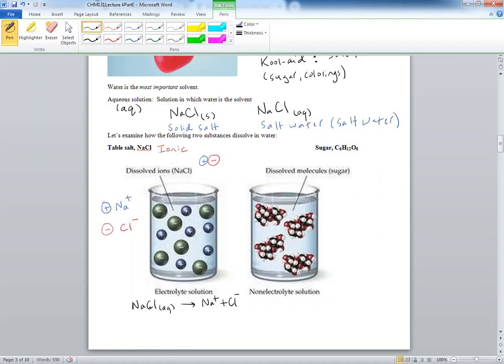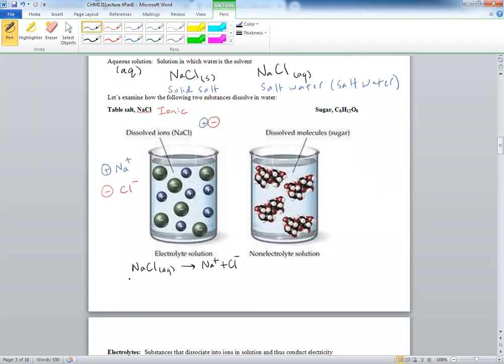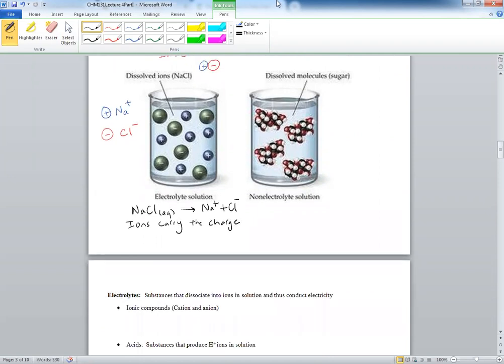A few things to say about this is that the ions carry the charge, and of course, this is very important. By the way, let's put the AQ here in a different color. This solution conducts electricity.